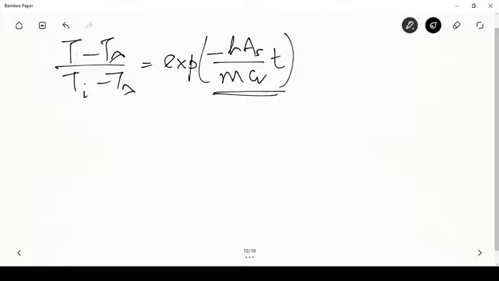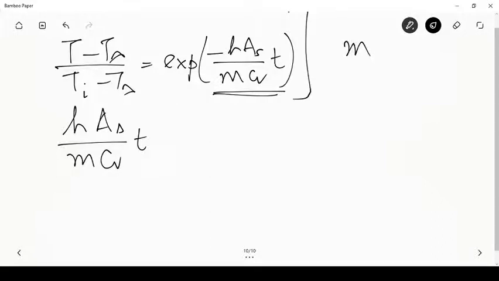The first one is if I write h A_s by m c_v into t. Now in this, suppose I write mass as density into volume, and I write R naught as volume by surface area.